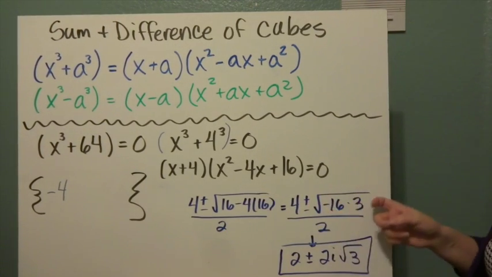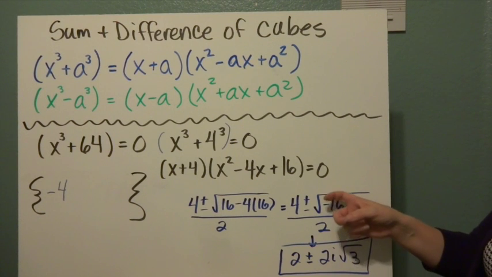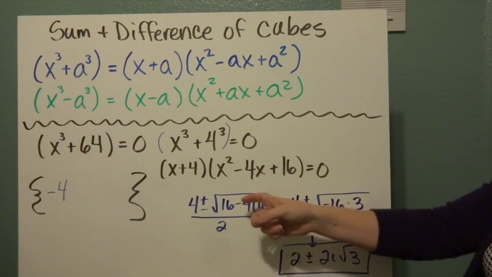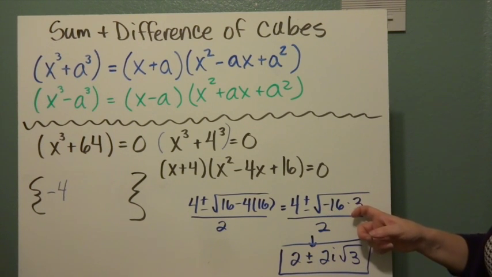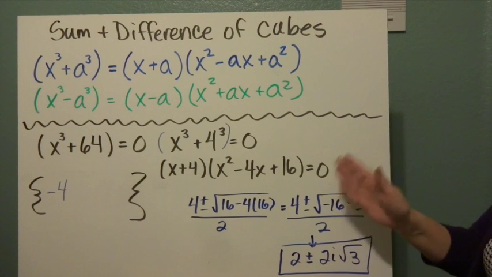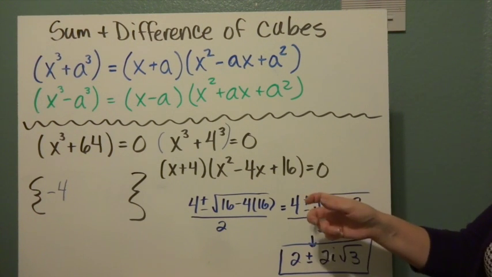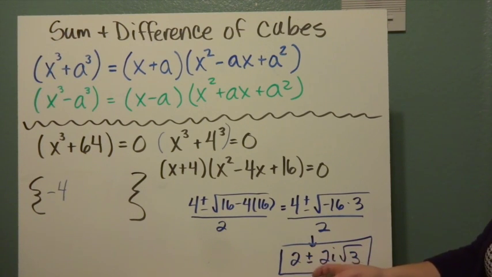Simplifying, I get a negative discriminant in here, so I know I'm going to have some imaginary numbers. And this is the same as reducing negative 16 times 3. And so I can pull out a 4i. So if I pull out a 4i and then I go ahead and use my denominator here, I have a 2 plus and minus 2i times the square root of 3. That 3 stays inside there.